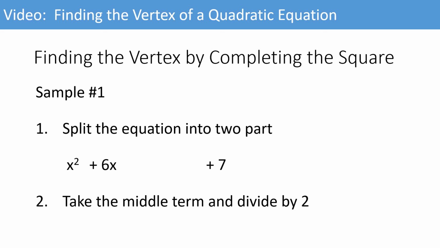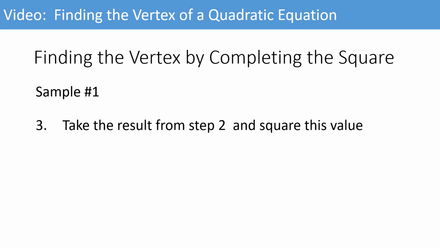Take the middle term and divide by 2. So 6 divided by 2 is equal to 3. Take the result from step 2 and square this value. 3 squared is equal to 9.